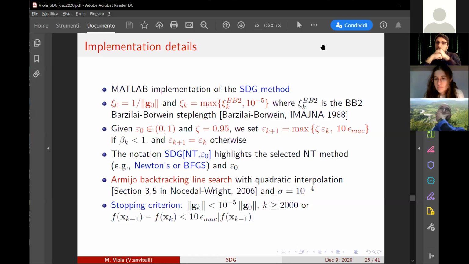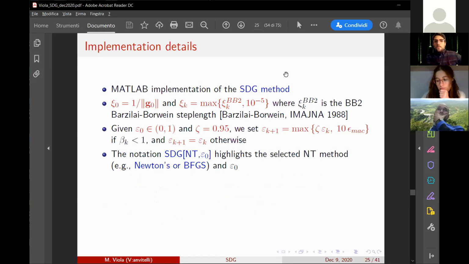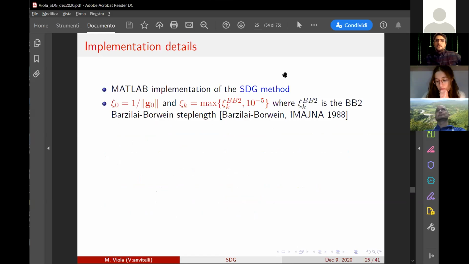The dogleg is a path which goes from the gradient, the steepest descent direction, to the Newton step. Have you made a comparison with that approach? Because in some sense, your step is on a dogleg.